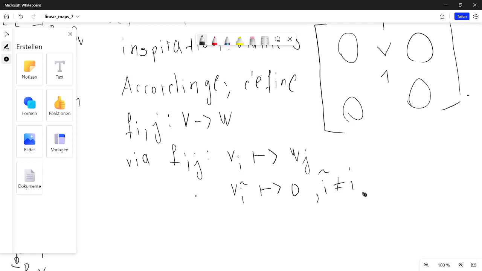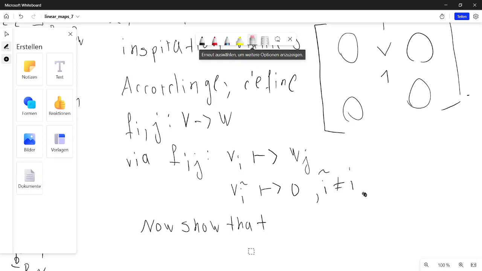Now show that mapping. No, we don't need to. Well, what we only need to show.